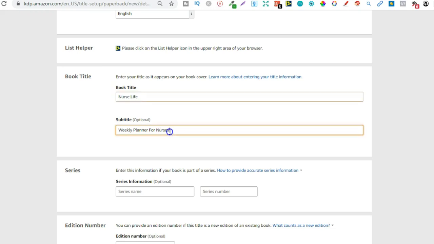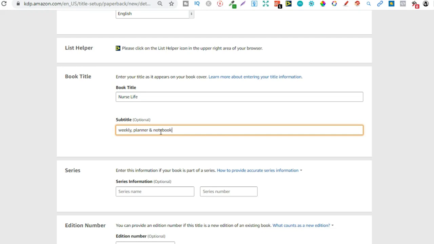So this one is obviously a weekly planner for nurses. And we found this by doing a little bit of research over on Amazon to see what people are actually searching. So if we do weekly planner and notebook, this is not targeting anyone, so you're going to find it extremely hard to make sales.